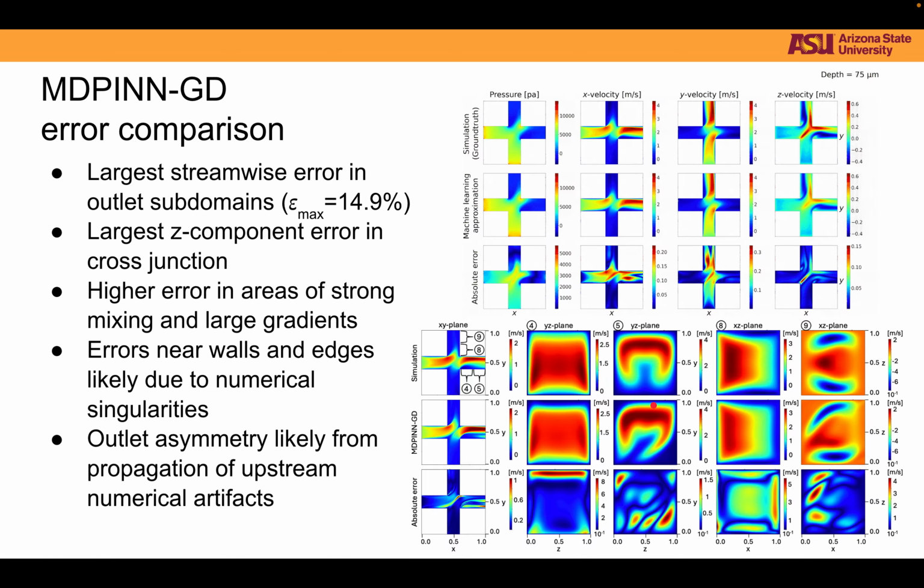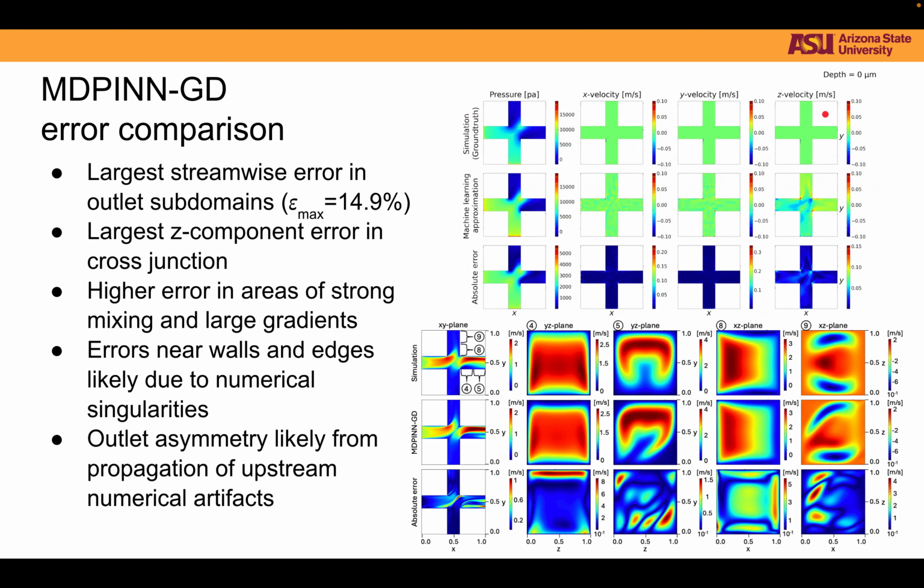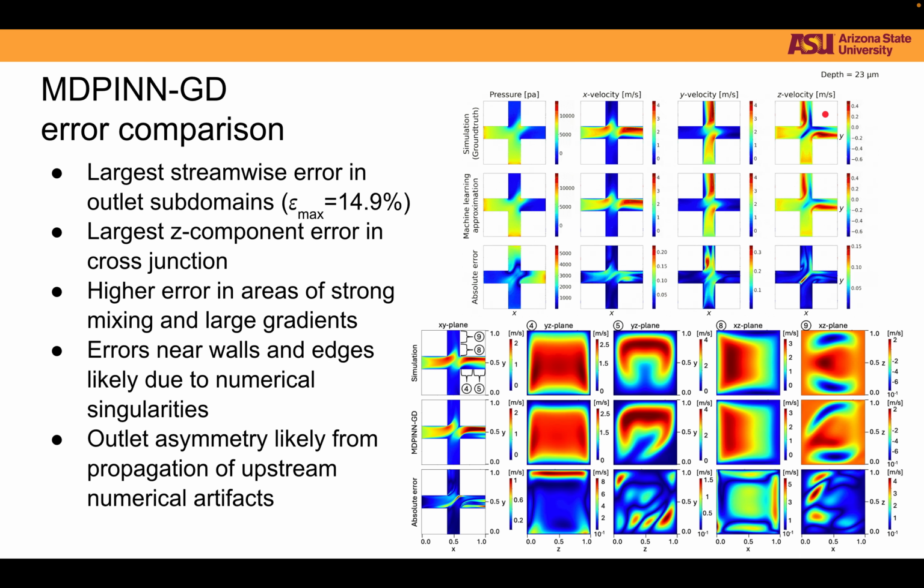We see that the largest streamwise errors occur in the outlet sections, about 15% or so. And the largest Z component error occurs, if we look at the video here, across this diagonal where the flow impinges and turns very rapidly, and that causes a very sharp change in the velocity, so a large gradient there. We also know that large gradients can cause some sort of instabilities within our results as well.